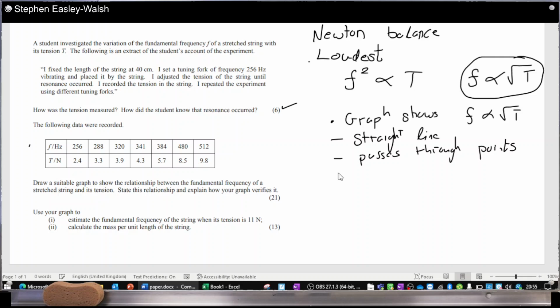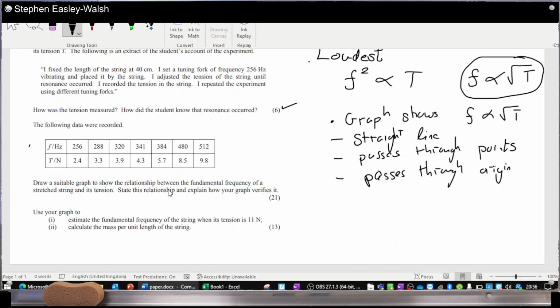And also importantly, it passes through the origin. Or as my physics teacher used to say, we had this sentence that we have memorized: a straight line through the origin verifies the law. He used to write this as shorthand, so he wouldn't have to write the full sentence out every time. So anyways, that's the idea. So I think that answers that graph question.